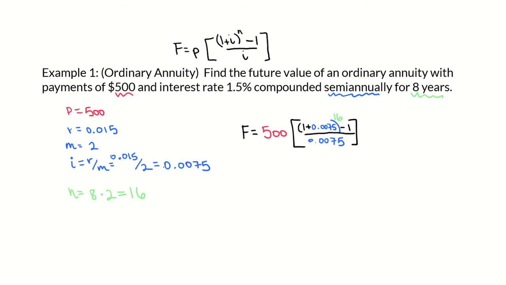And then we calculate this in one step, being careful not to round until the very end. So calculating that, we get that the future value is $8,466.14.